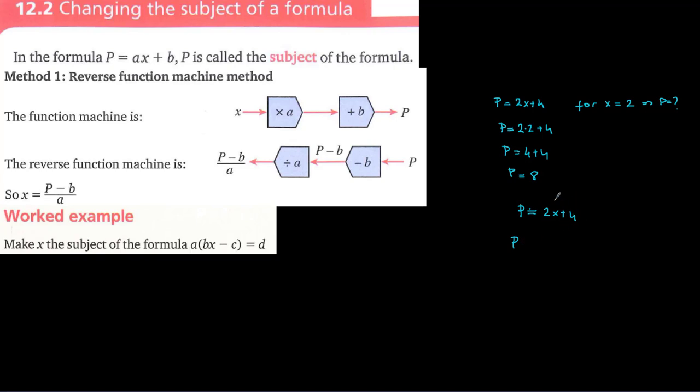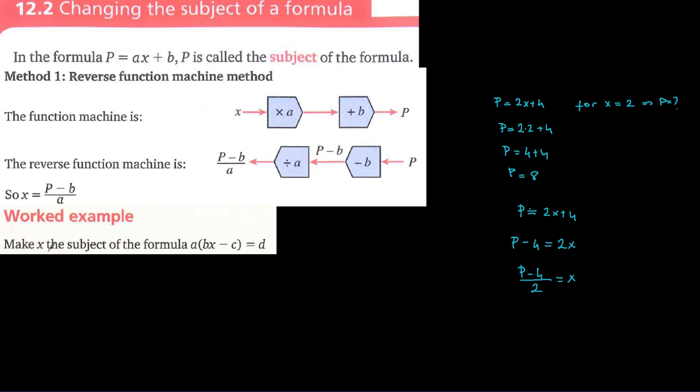So you should send it to the other side, and it's going to be p minus 4 is equal to 2x. Then you divide both sides by 2, and you will find p minus 4 divided by 2 is equal to x. So the subject changed to x in this question, and this is the simple example for that.